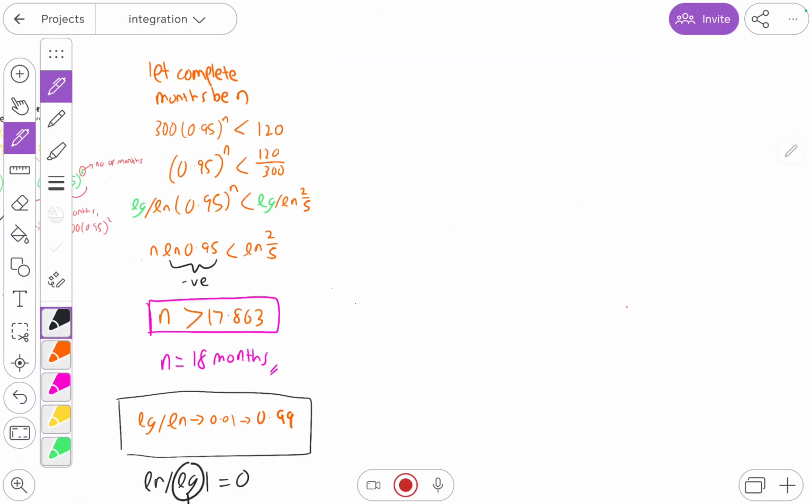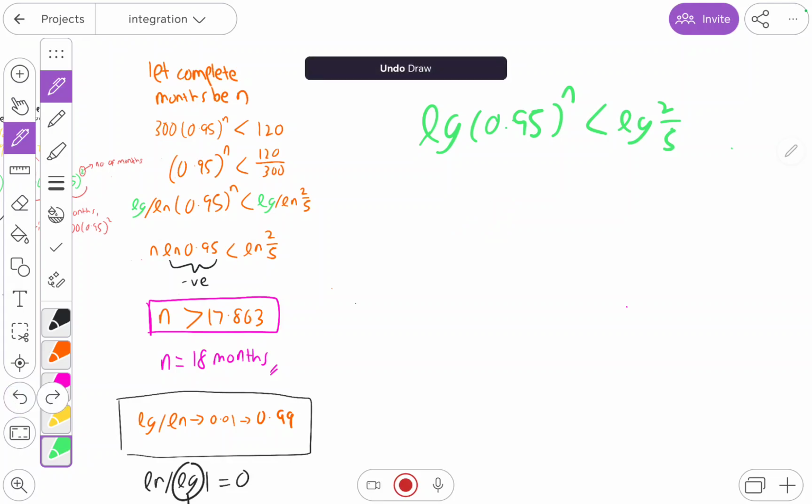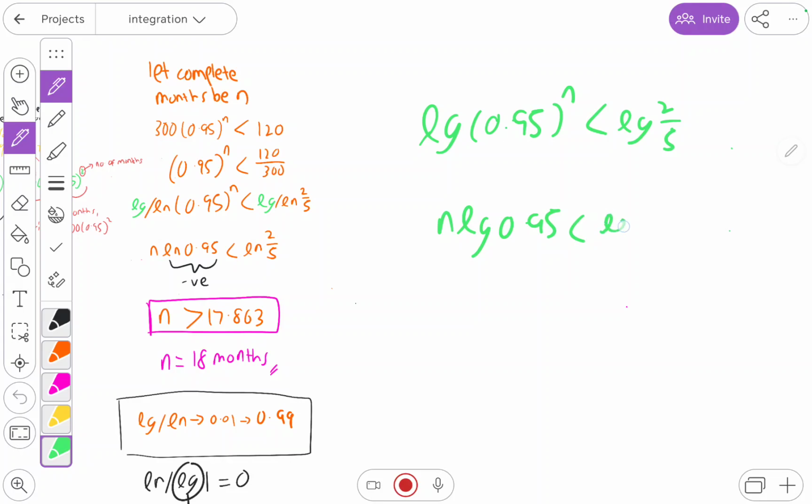So I'll show you the log method. If I log 0.95 to the power n, you will still get the same answer, which is less than log 2 over 5. So n log 0.95 is less than log 2 over 5.